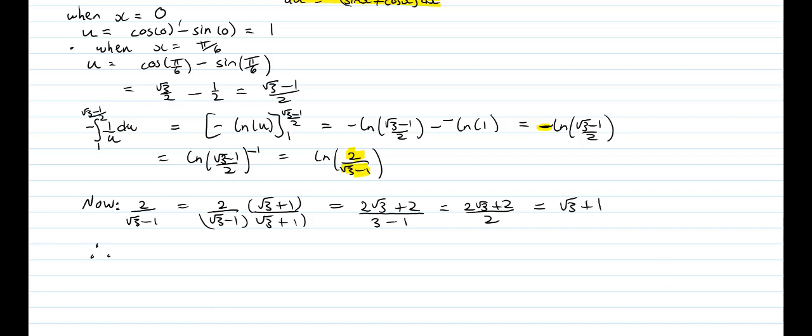So therefore, natural log of 2 over root 3 minus 1 is equal to natural log of root 3 plus 1, and that is equal to ln of 1 plus root 3. So we're just rewriting it in the same form that they asked us in the question. Okay, and that is question 9c.